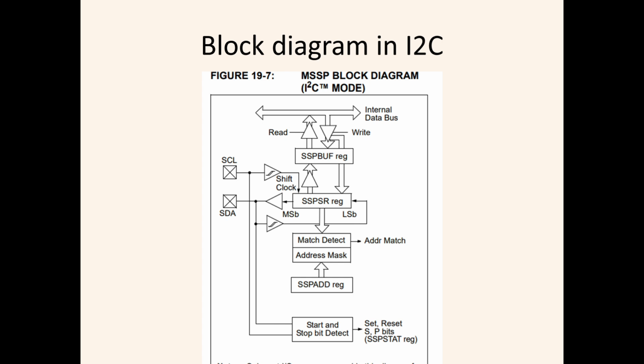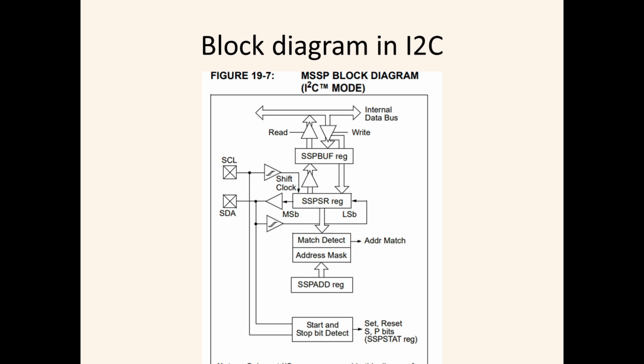The SSPCON1 and SSPCON2 registers are readable and writable. The lower 6 bits of your SSPSTAT register are read only, and the upper 2 bits of the SSPSTAT register can be both readable and writable. Clear? So here, the SSPADD register holds the slave address when the MSSP is configured in I2C mode.